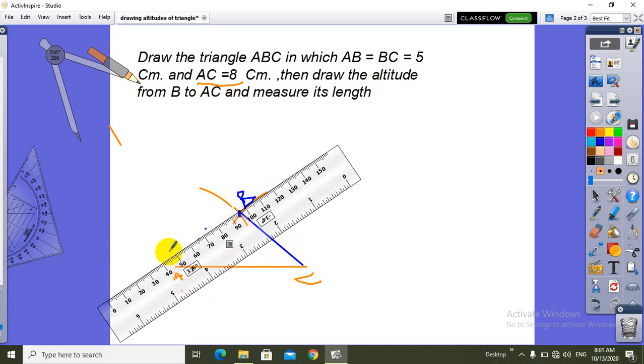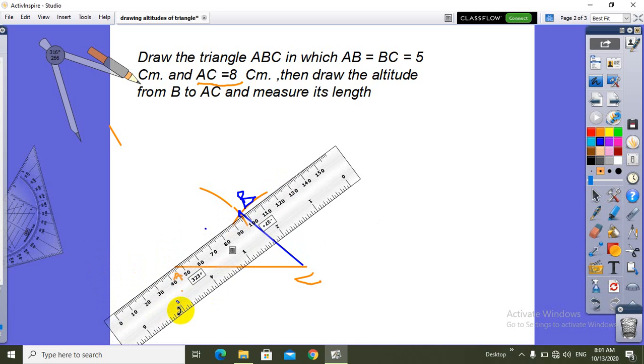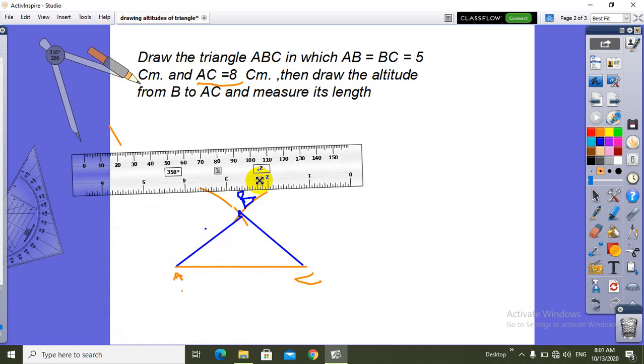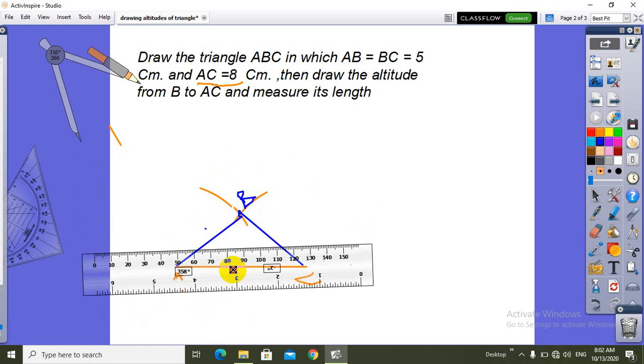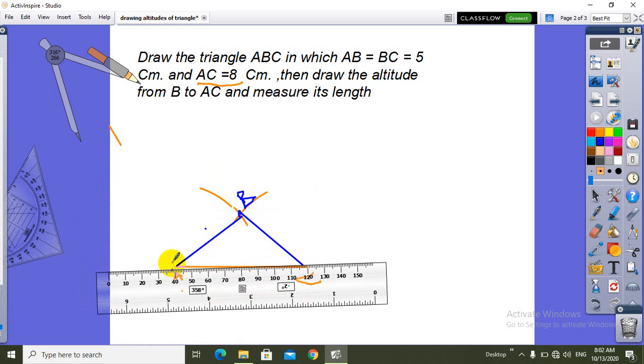You must join these two points exactly like this. Then by using this ruler and the compass, I draw this triangle.